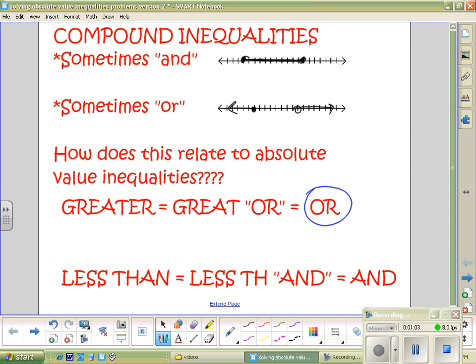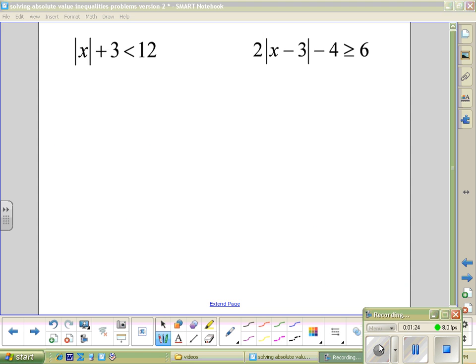Less than, you can think "less than." Isn't that great? Less than, and that's going to be your "and" inequality. So that's a little trick that'll help you remember greater and less than. And then you'll get a game plan for what your graph should look like when you end up solving it. And we will take a look at a couple problems right now.